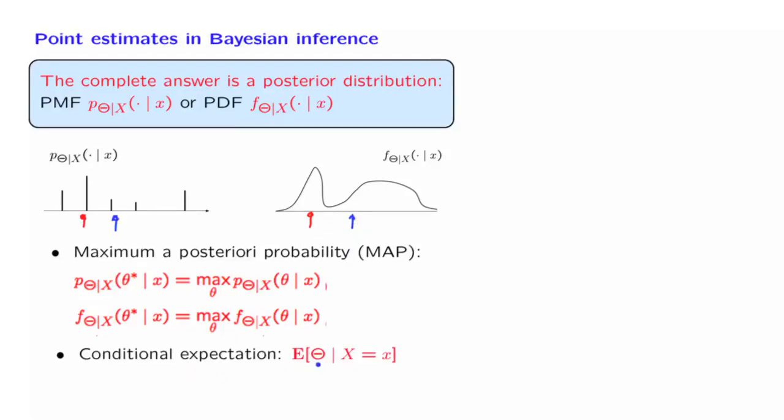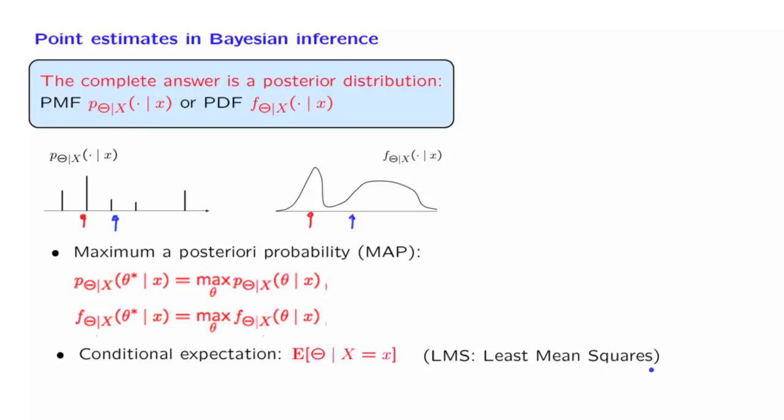It just reports the value of the conditional expectation, the mean of this conditional distribution. It is called the least mean squares estimator because it has a certain useful and important property. It's the estimator that gives you the smallest mean squared error. We will discuss this particular issue in much more depth a little later.